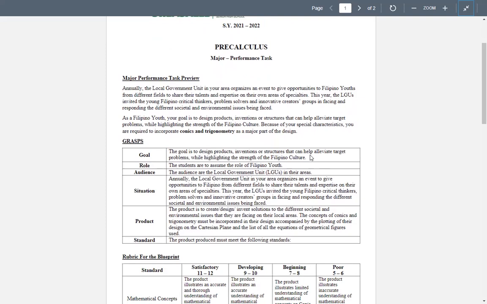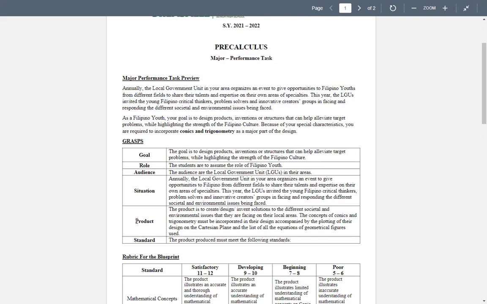Your role: the students are to assume the role of a Filipino youth, and the audience to whom you're writing this plan is addressed to your local government unit or the LGUs in your area. I will no longer read the situation because I have already read it here in our major PT preview.